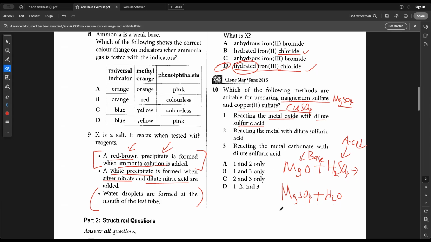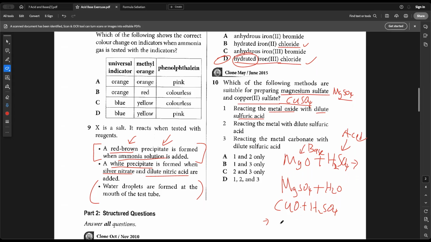The second metal oxide is CuO. You add sulfuric acid, H2SO4, and it will also become CuSO4 plus H2O. So the first part is correct, it can, because these two metal oxides can form the magnesium sulfate and the copper 2 sulfate. So this one can. The second part cannot.